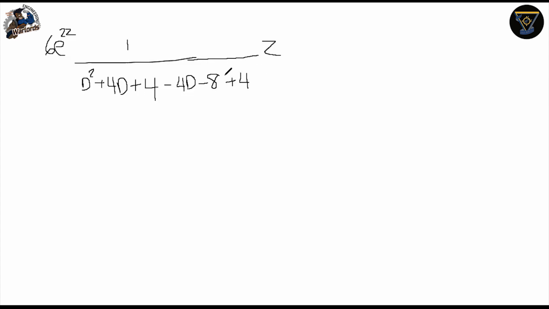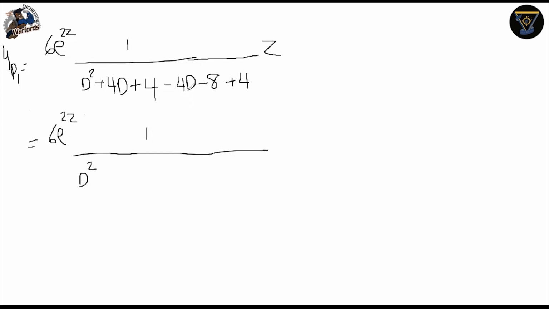All right. So we can simplify now. Remember that this is yp1. So this now is going to be 6e to the 2z of 1 all over d squared. So look at this.